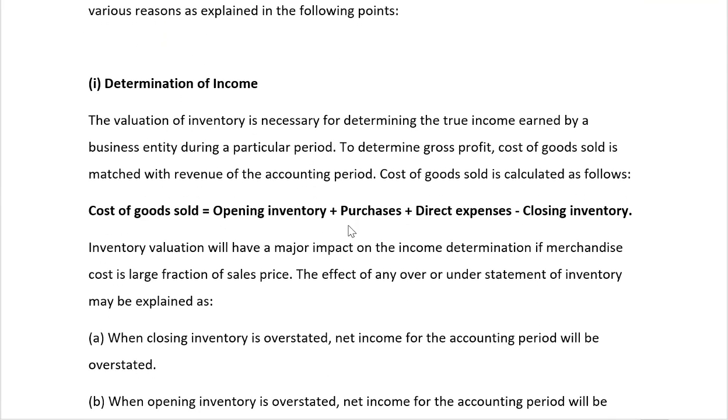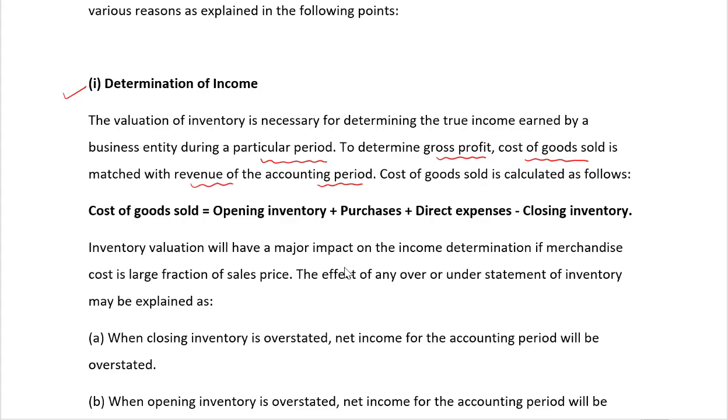Let us see point number 1, that talks about determination of income. The valuation of inventory is necessary for determining the true income earned by the business entity during a particular period. To determine gross profit, cost of goods sold is matched with the revenue of the accounting period.